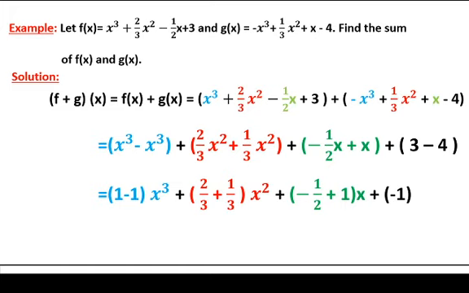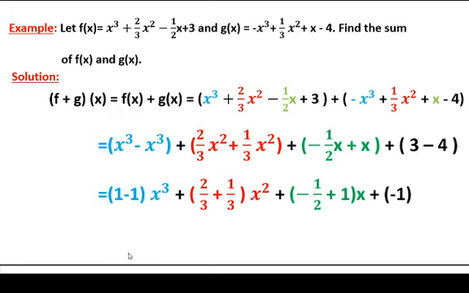Then we will consider their sum, and that will be multiplied by x to the power of 3. And in the next group, 2 over 3x squared plus 1 over 3x squared will be added as 2 over 3 plus 1 over 3 times x squared. And here we do have minus 1 over 2 will be added with 1, and that will be multiplied by x. So 3 minus 4 is minus 1.